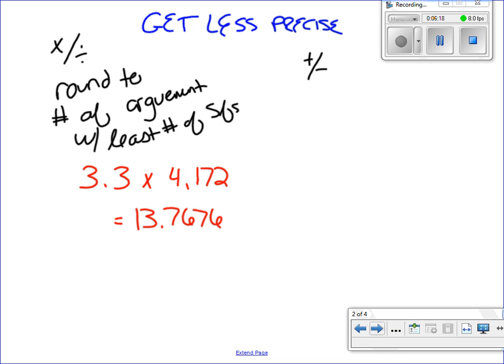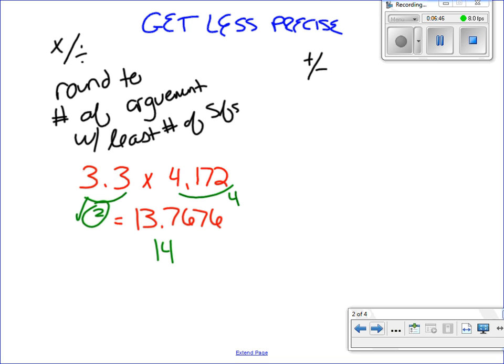Now, I'm going to round the answer to the argument that has the least. This one has 2 sig figs. This one has 4 sig figs. So I'm going to round this to 2. 2 wins, because it's less. So this would not be 13.7676. The correct answer would be 14, because the 7 makes the 13 round up 1.